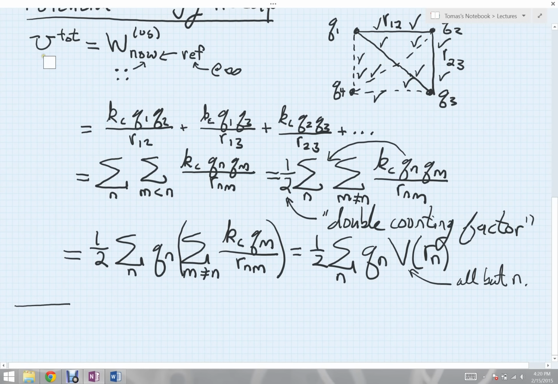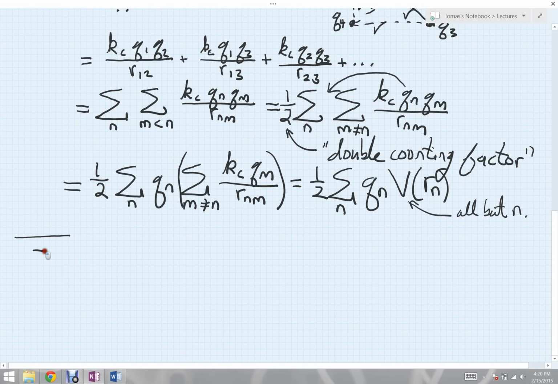So I'm calculating now the total potential energy of any arrangement of charges. I'm finding that it equals 1/2 the sum over all charges times their value times the potential created by all charges except for just that one.